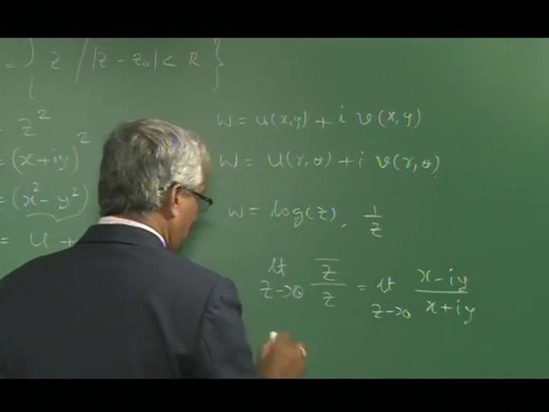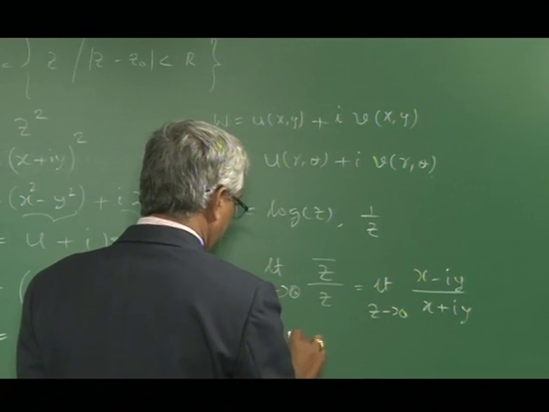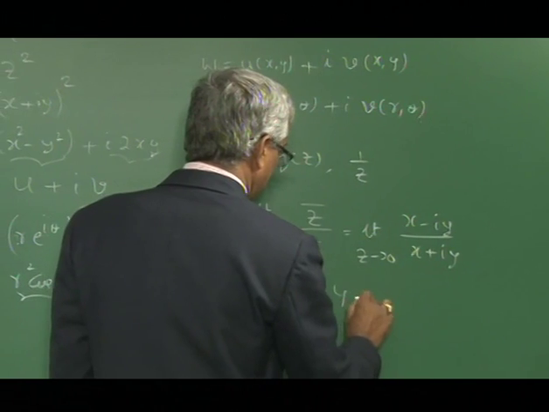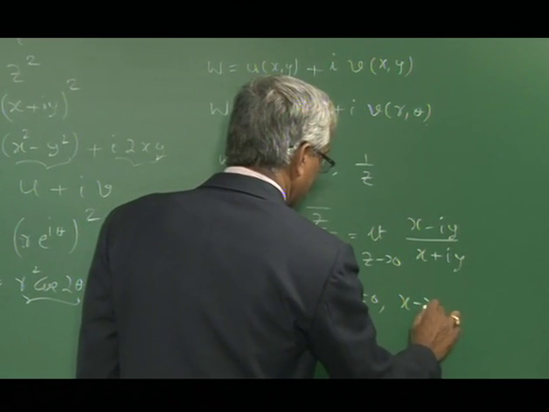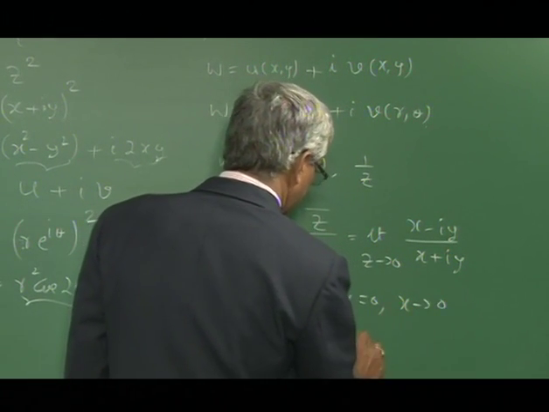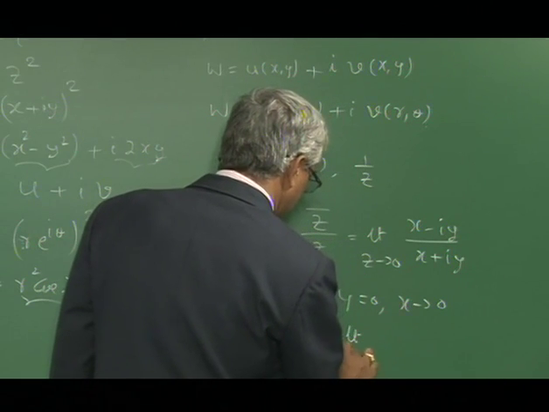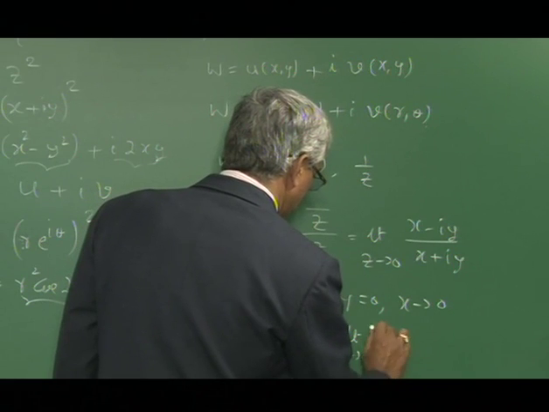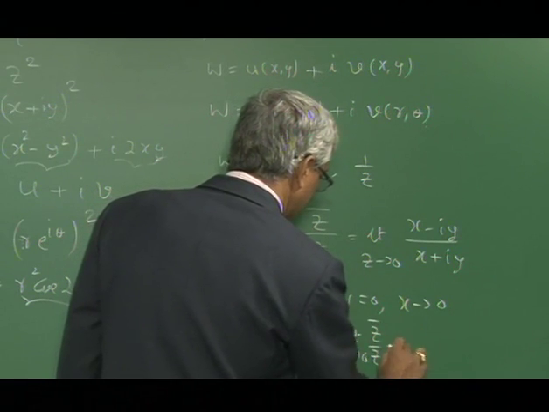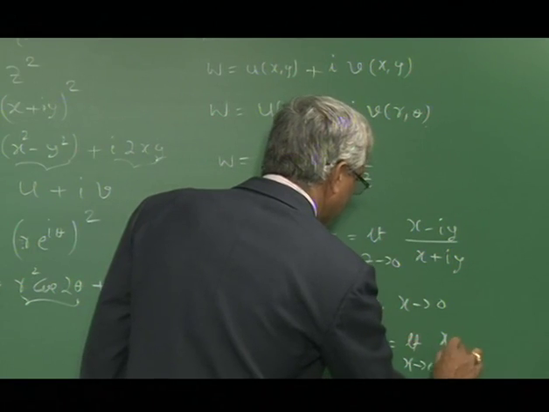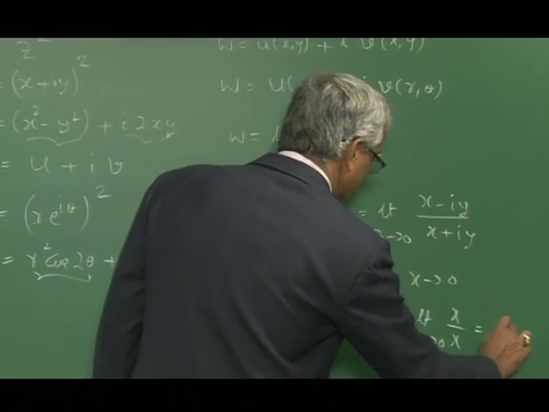Then along path 1, I take y is equal to 0 and x approaches 0. In that case, the limit as z tends to 0 of z bar divided by z is the limit as x tends to 0 of x divided by x, which is equal to 1.